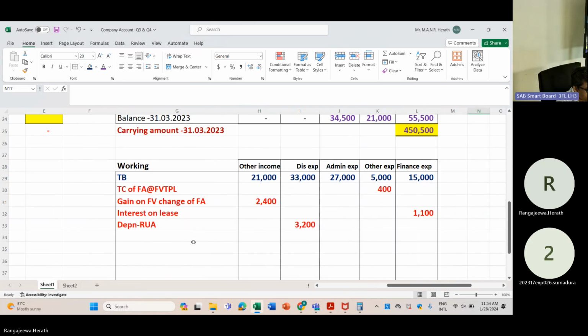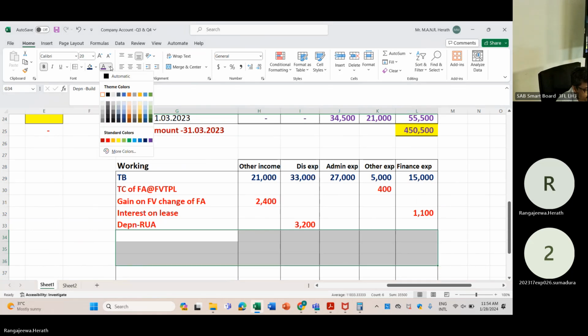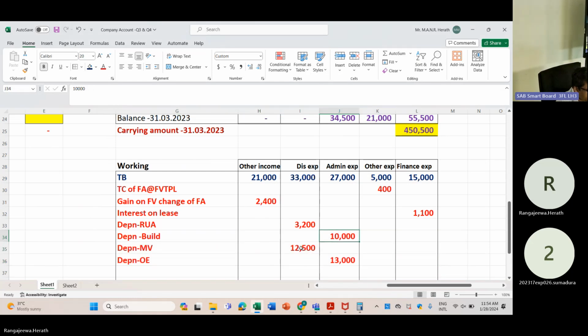So building 10,000 we can take for administrative, motor vehicle distribution, office equipment admin. Debit expense and credit accumulated depreciation. 10,000 to admin, building depreciation, motor vehicle depreciation 12,500, and office equipment 13,000.